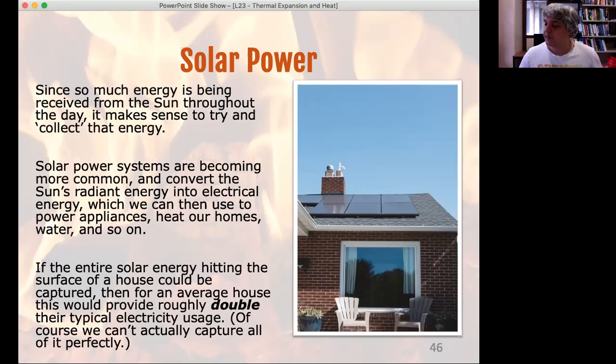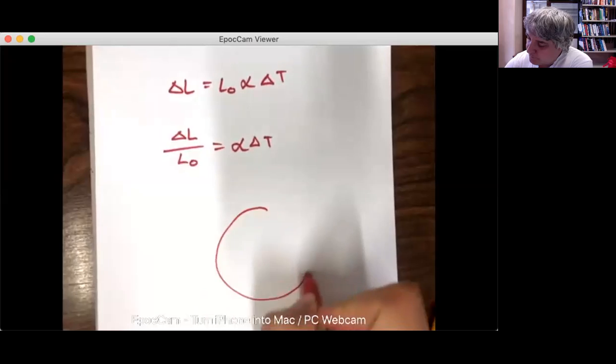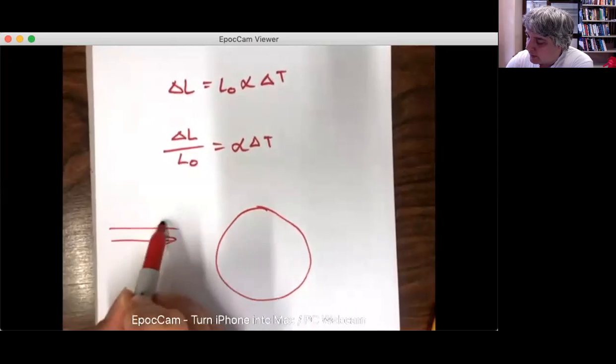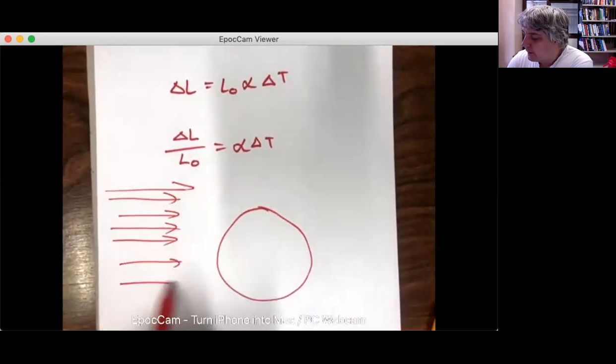But as I promised, I want to take a second to talk about that sunlight hitting us at different angles. So I said that when you've got the Earth and you've got sunlight coming in, sunlight is pretty much parallel because the sun's so big and so far away that the sunlight is pretty much always parallel like this.